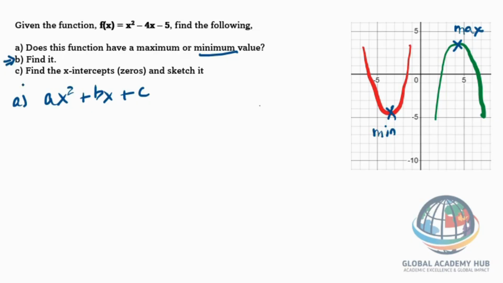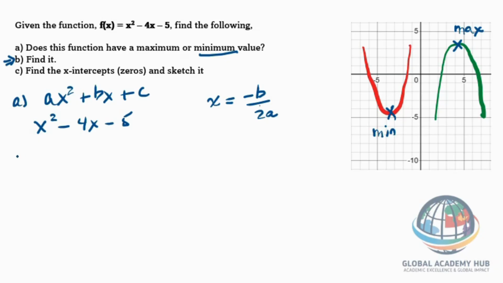How do we find it? Well, first we find the x value. How do we do that? We use a formula. x is equal to minus b over 2a. So again, our function is x squared minus 4x minus 5.